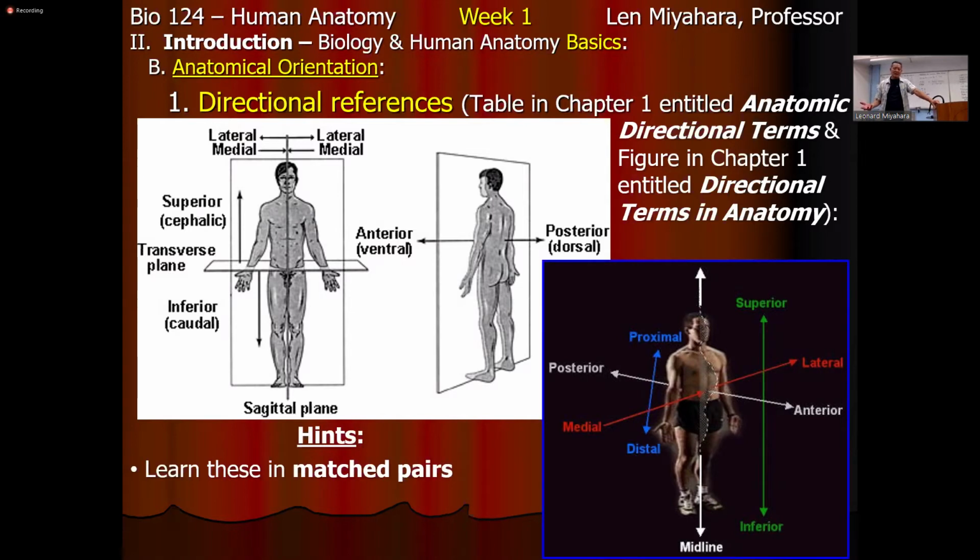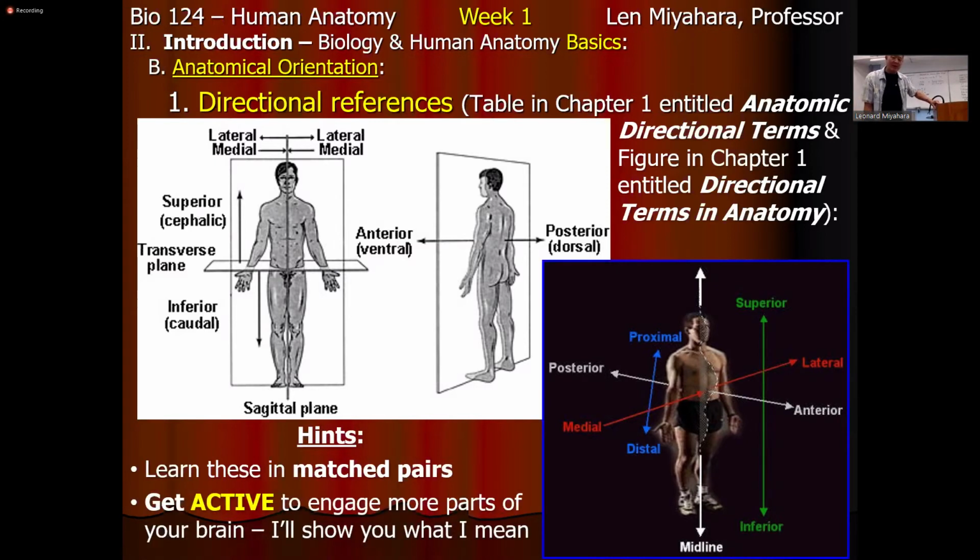Everybody gets that? For these directional terms, these are not on the PowerPoint, but the hints are on the bottom. Learn these and match pairs. The more that your brain can group things, like in match pairs, the better, faster it gets into your long-term memory. And then get active. All right?